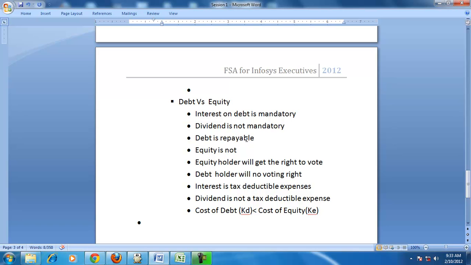The equity holder gets the right to vote. Interest is a tax deductible expense, but dividend is an appropriation, so it is not a tax deductible expense. And the cost of debt is invariably lower than the cost of equity.